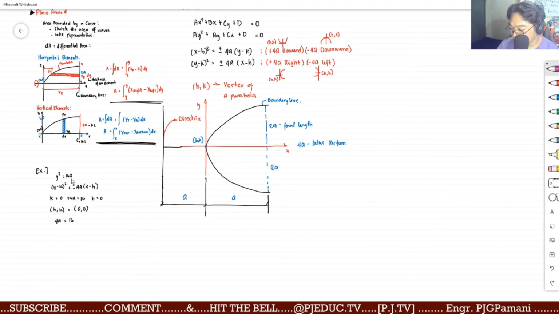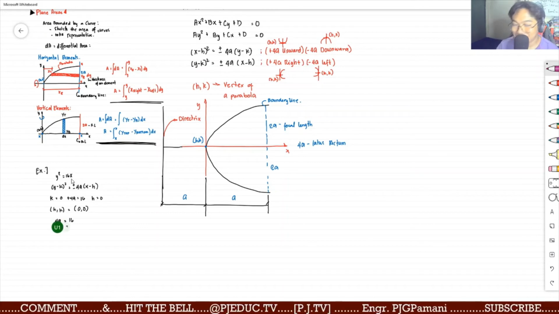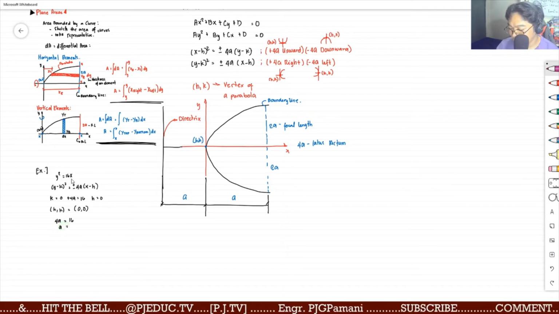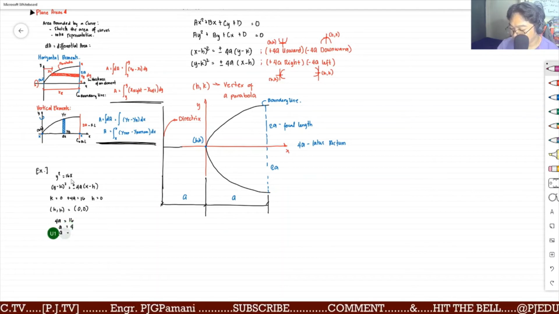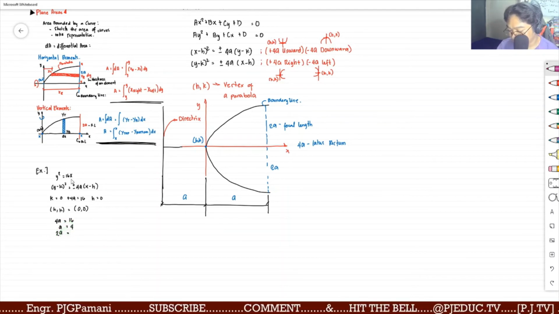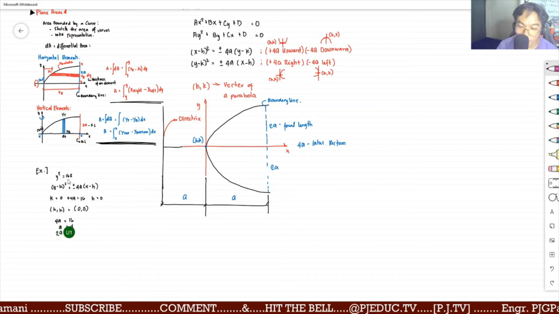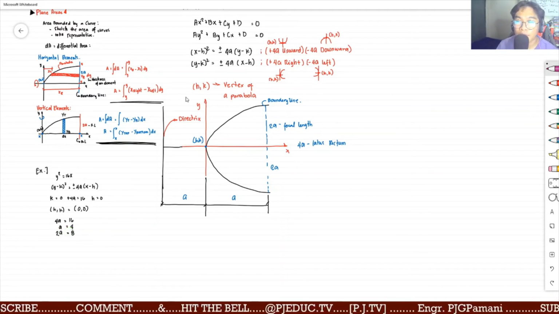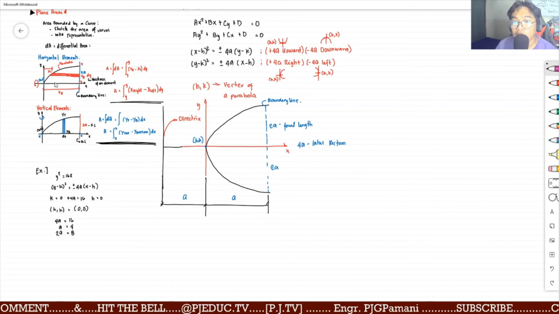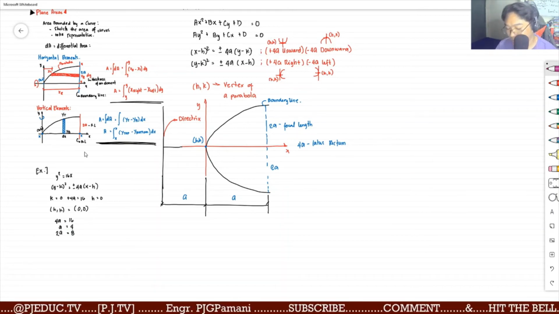Divide both sides by 4. The distance to the directrix from the focus, a, is simply equal to 4. And multiplying a by 2, our focal length is now equal to 8. So there are two ways in which we can solve the area bounded by this particular curve, using either the horizontal strip element or the vertical element.